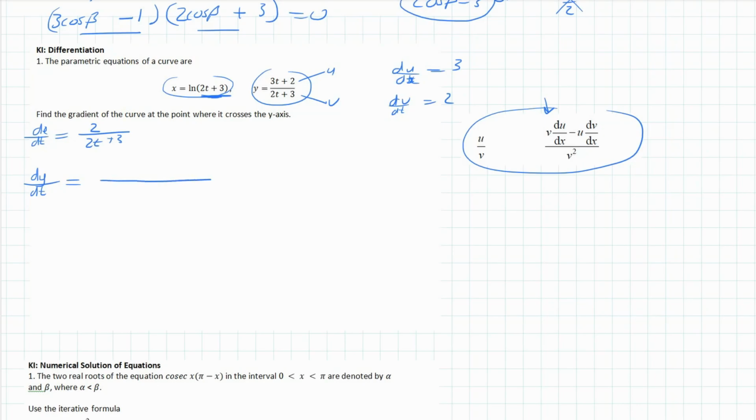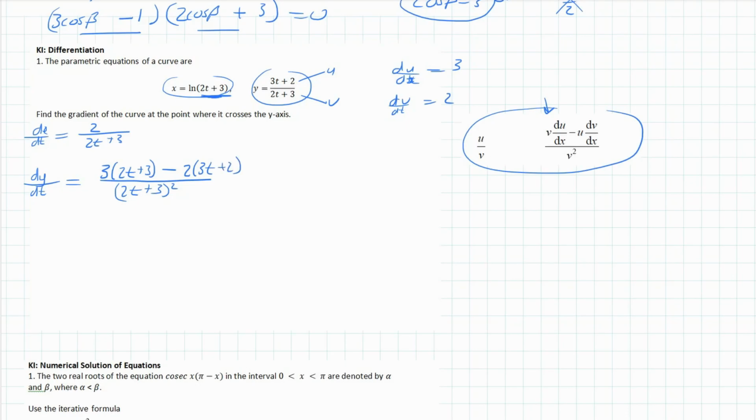So on the bottom we're going to have the v squared, which is 2t plus 3, we square that. Then on the top we're going to have the bottom, the v, times the top one differentiated, so 3 into 2t plus 3. And then we subtract the bottom differentiated, which is 2 times the top one.